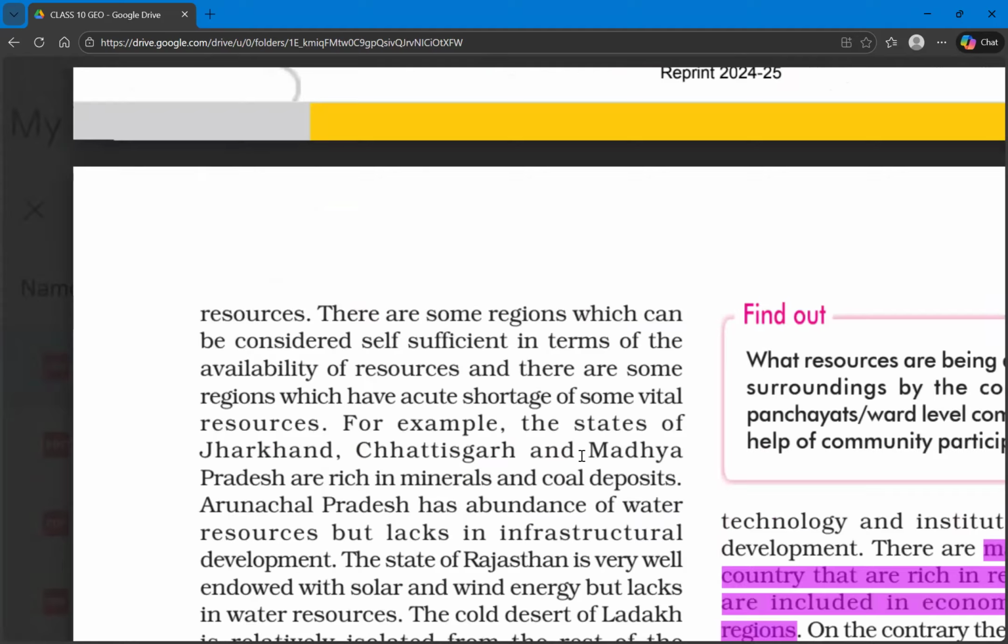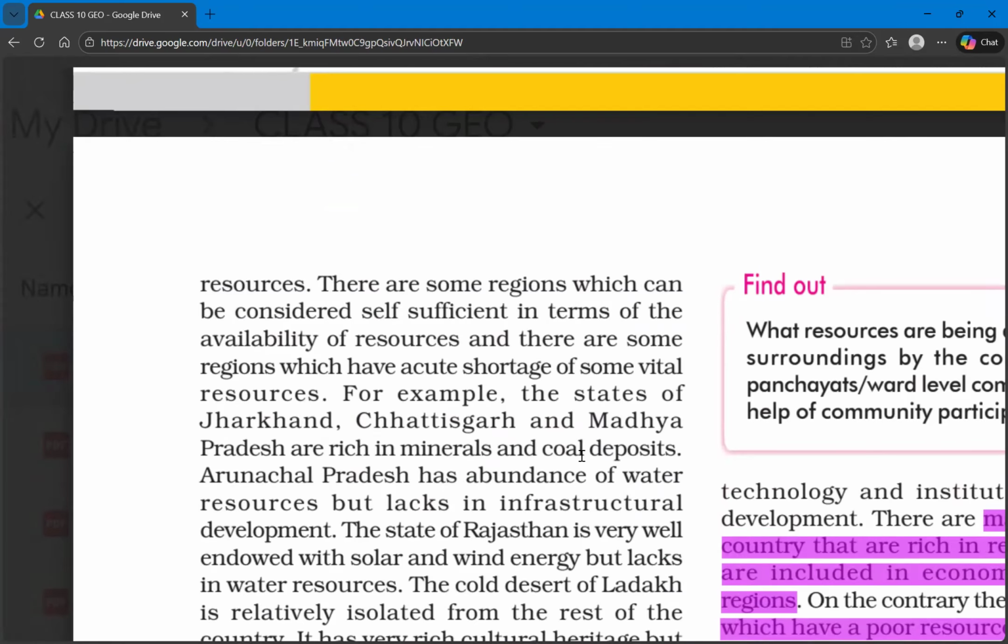So although India has different resources, there is unequal distribution. Some areas are rich in certain resources while others are deficient in the same resources. Some regions can be considered self-sufficient in terms of availability of resources, and there are some which have acute shortage.